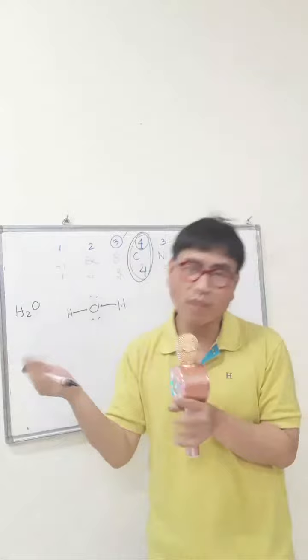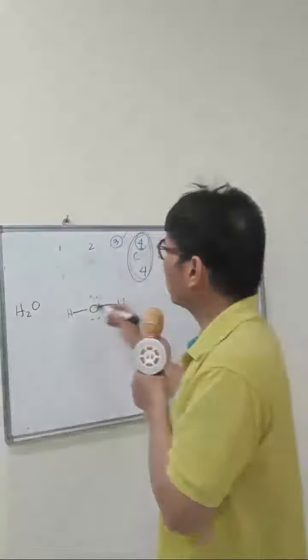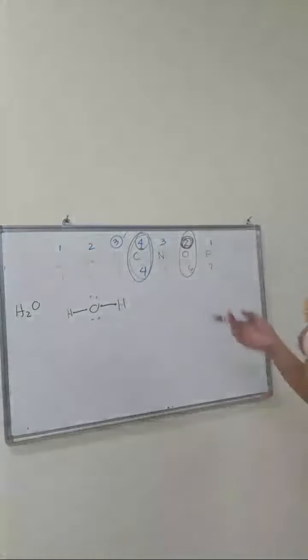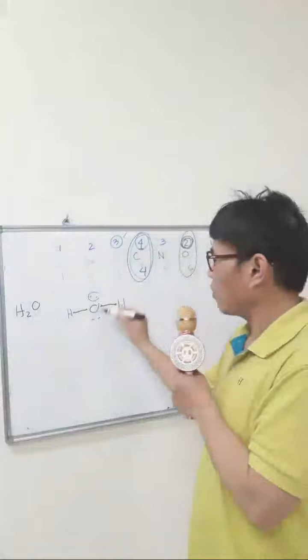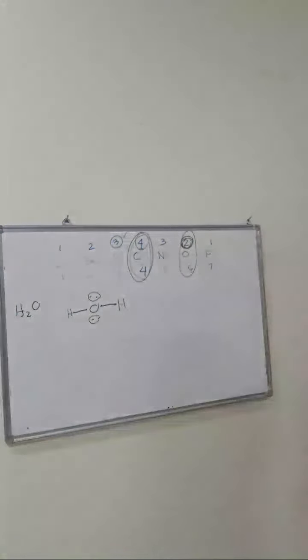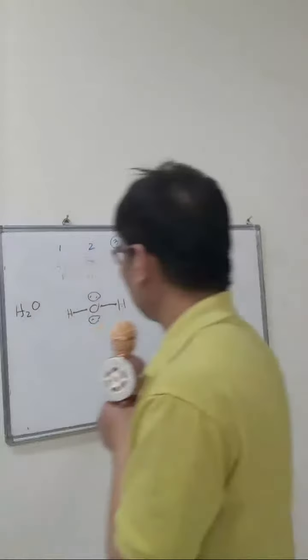If there's no bonding, there's no chemical reaction. Now, there are still 4 electrons of oxygen not shared. So the water is polar. You get the point? Polar covalent compound.